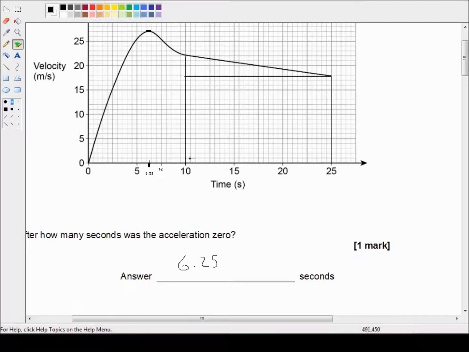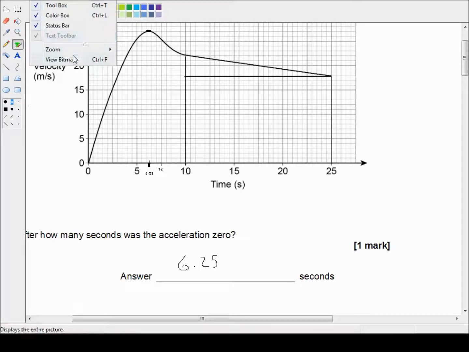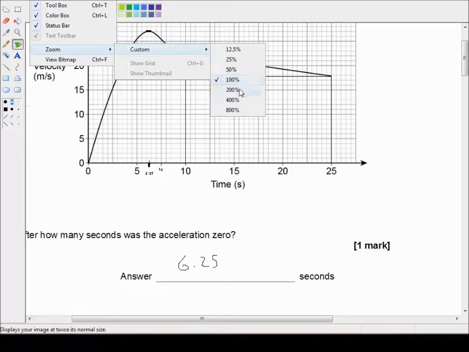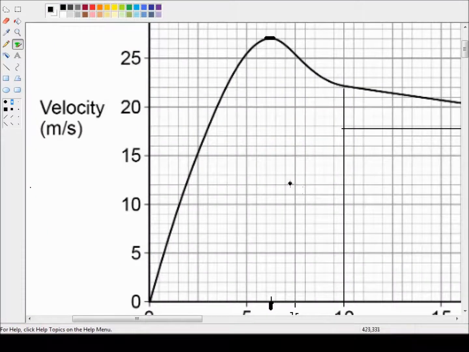So the height of this rectangle, the height here, let's zoom in and just have a closer look. Let's see if I can extend this line here.